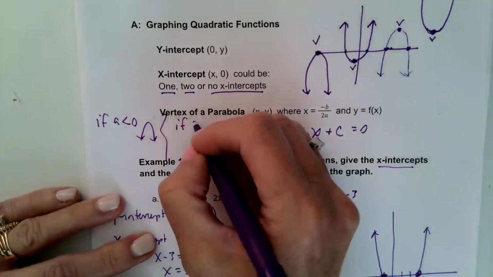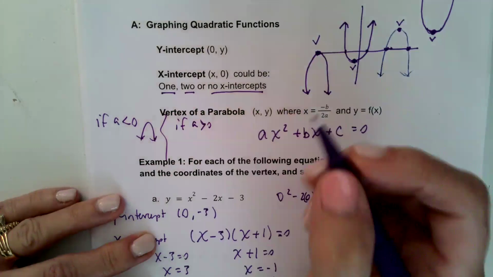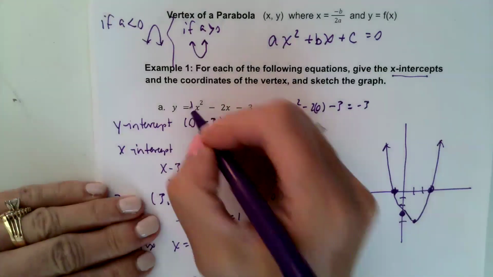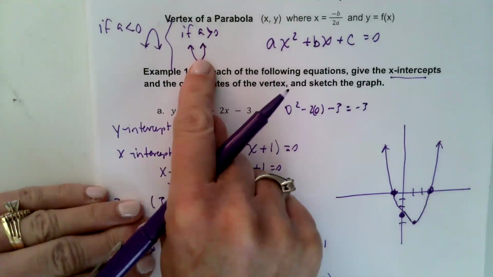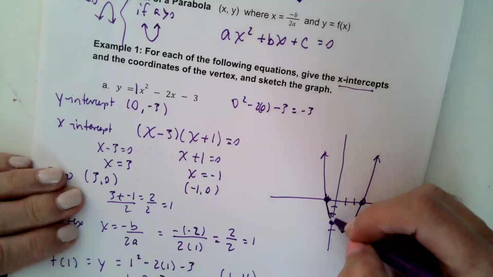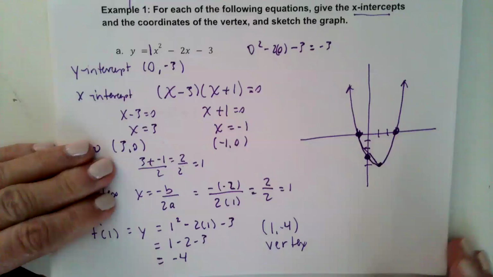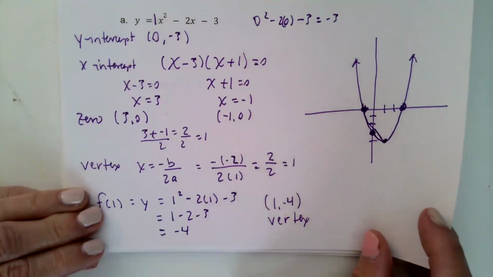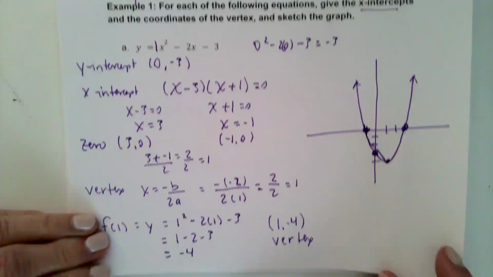If A is greater than 0, then you're going to have a face up parabola. And so because our A is just a positive 1, we already know it's going to be a face up. So that kind of gives you some hints of what your graph should look like. And you can check these by putting them into Desmos. I will put a few in here and there today.